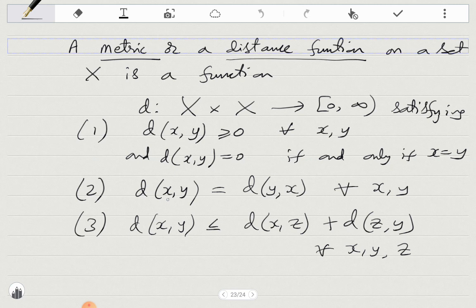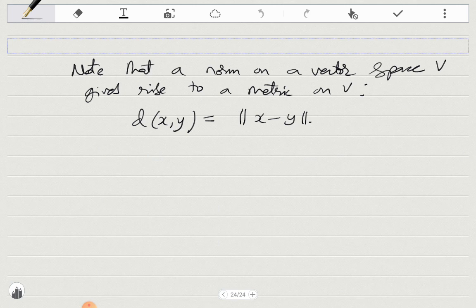The second one is also quite straightforward: norm of x minus y is the same as norm of y minus x because of the scaling property of norm. One and two are clear.